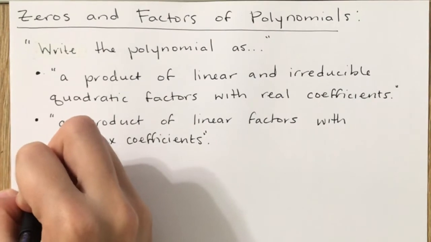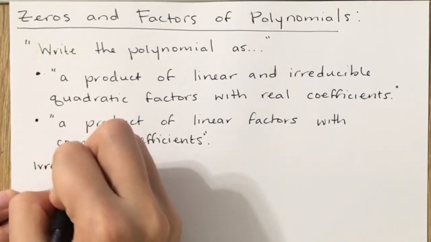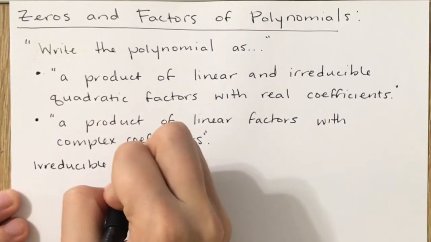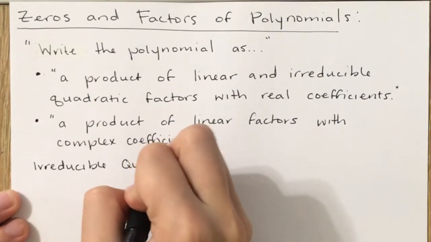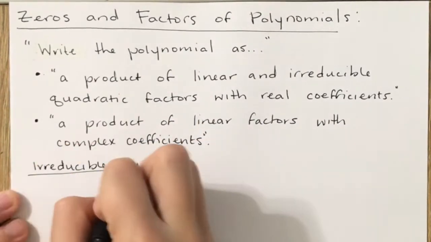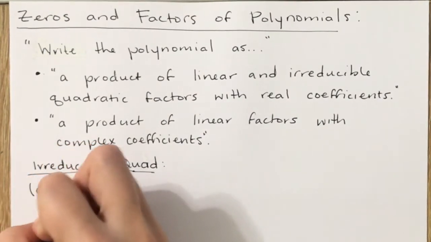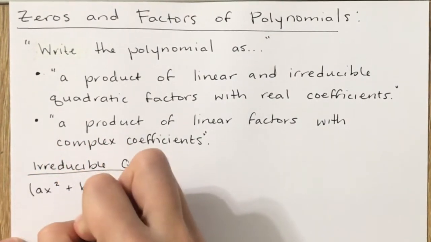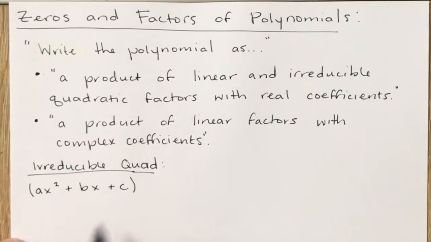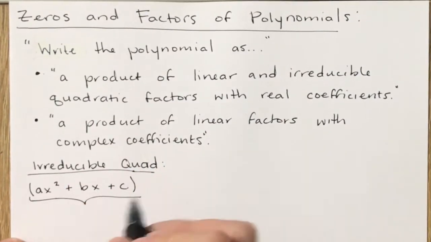So, first of all, we know what an irreducible quadratic factor looks like. It's just an irreducible quadratic, which is ax squared plus bx plus c for a quadratic that has non-real roots.